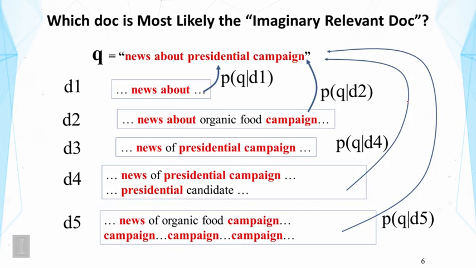So we ask this question and we quantify the probability, and this probability is a conditional probability of observing this query if a particular document is in fact the imaginary relevant document in the user's mind. Here you can see we compute all these query likelihood probabilities, the likelihood of the query given each document. Once we have these values, we can then rank these documents based on these values.